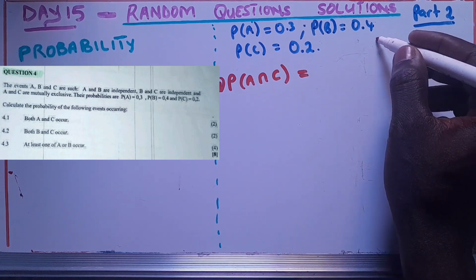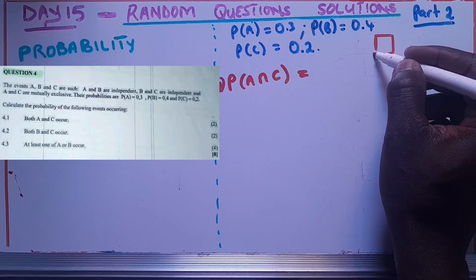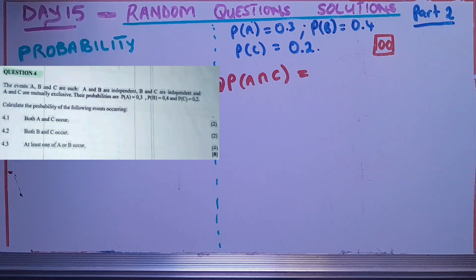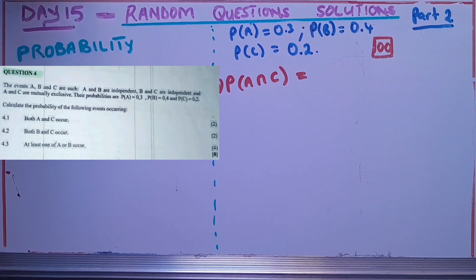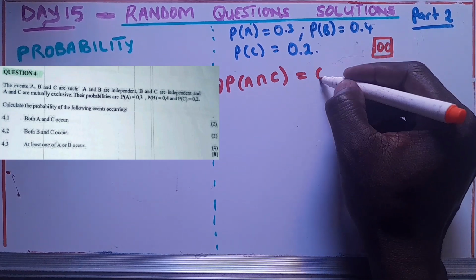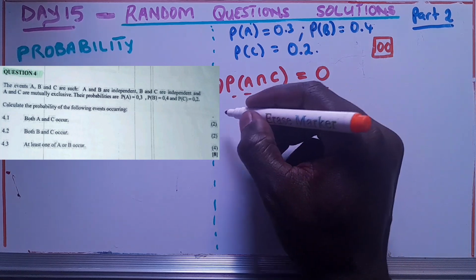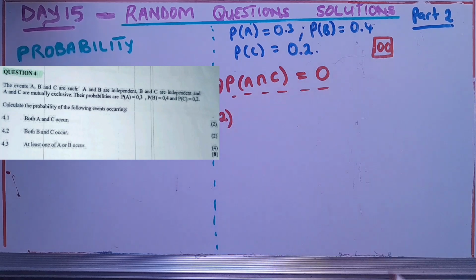If events are mutually exclusive, it means that they have nothing in common, so the probability of A and C becomes 0. So every time you're asked what is the probability of A and B, if they're mutually exclusive, the probability is just 0.